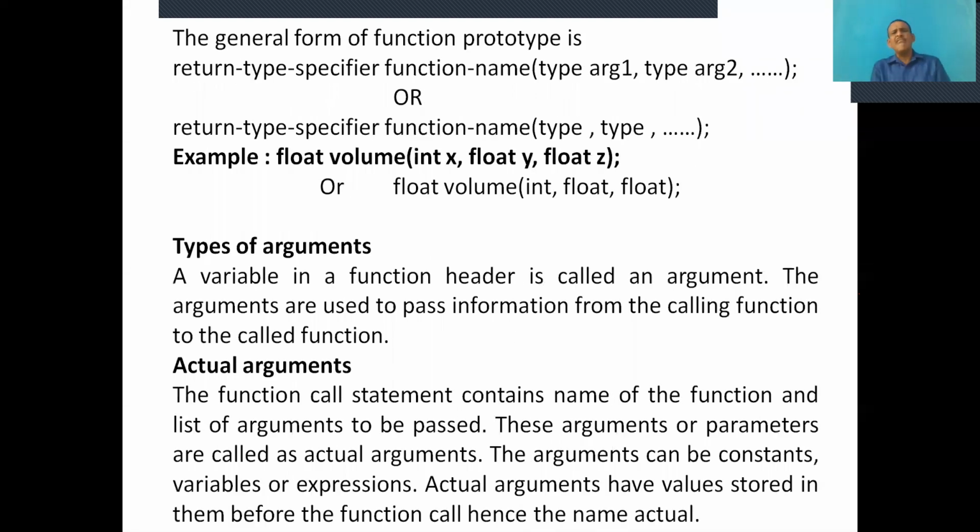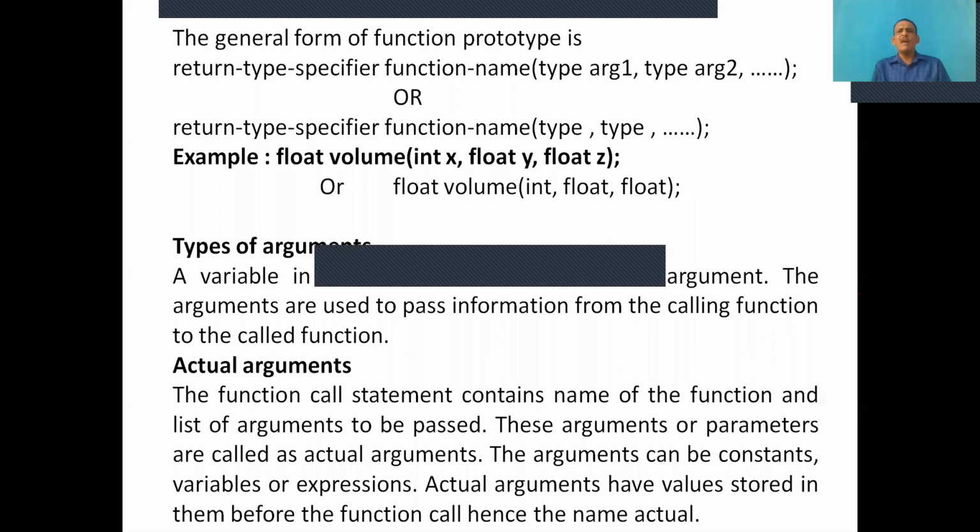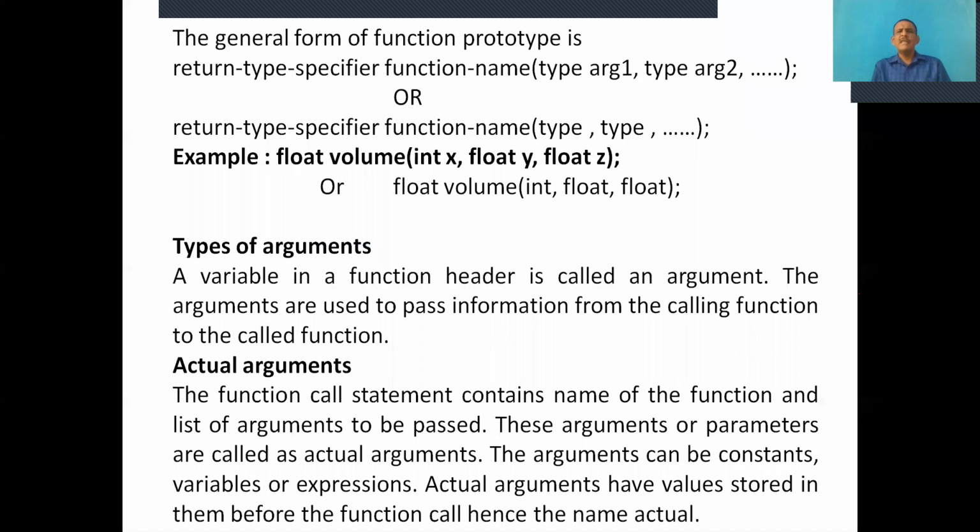Then the syntax of that. The general form or syntax of a function prototype is: return type specifier, then function name, inside the parentheses type argument 1, type argument 2, and so on, close the parenthesis, ending with a semicolon.